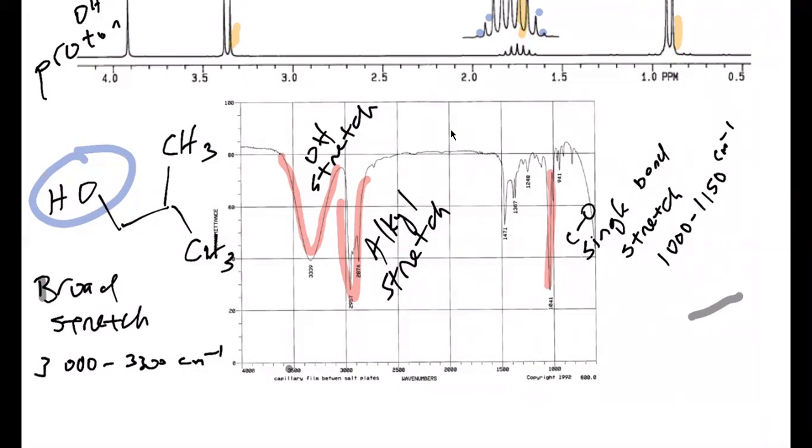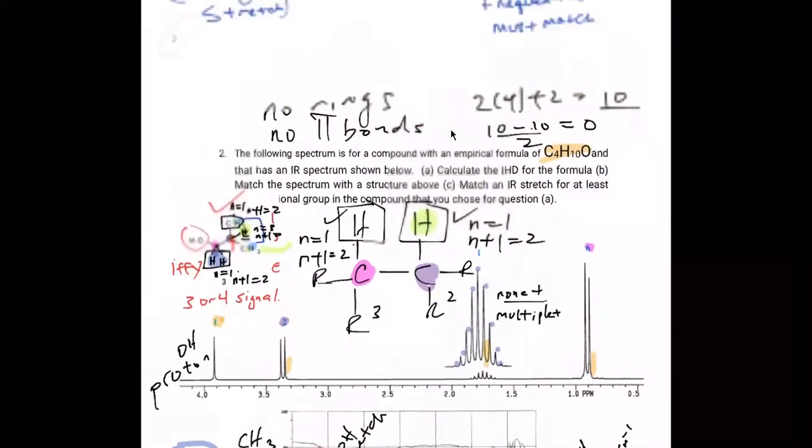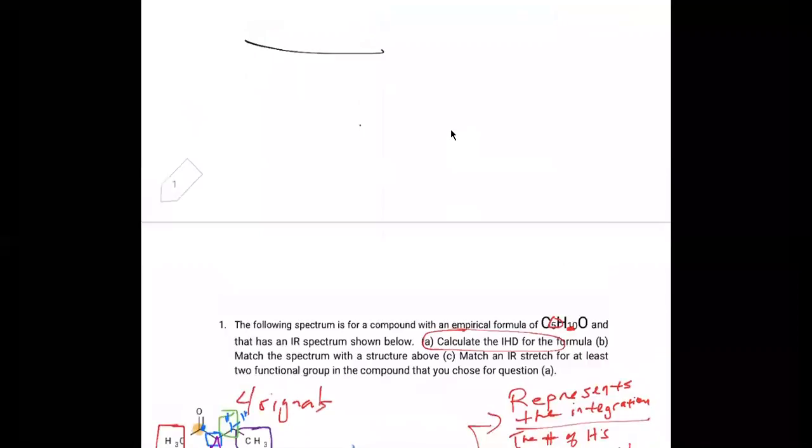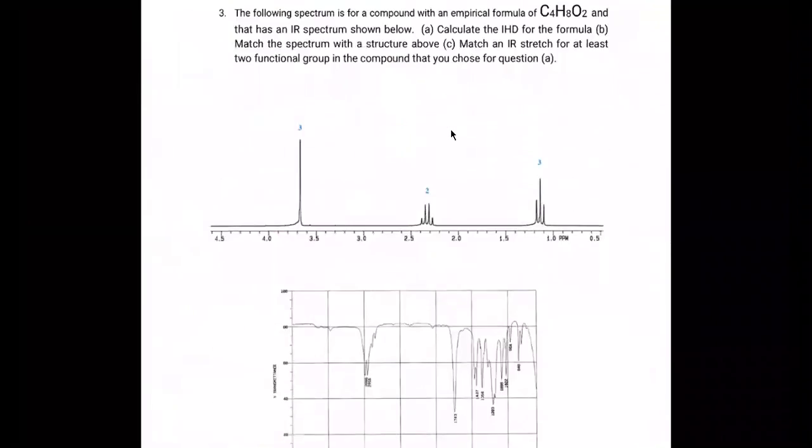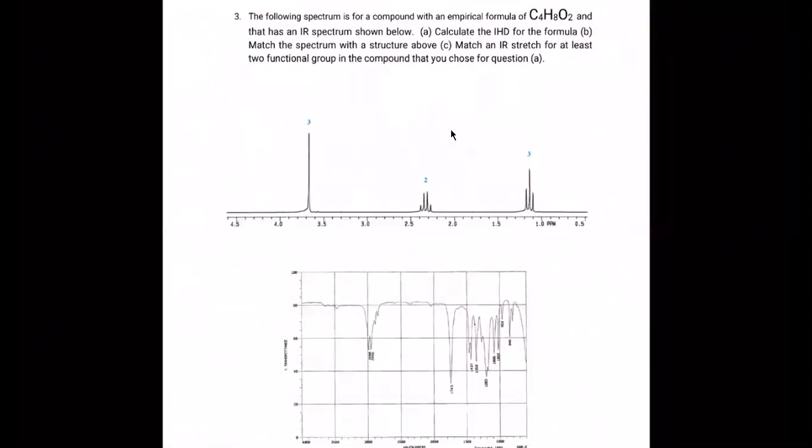All right. So let's look at the next example. We'll finish this and then we'll stop. You can see right here the formula is C4H8O2. So if we calculate the IHD, it will be 10 minus 8 over 2, which is 1.